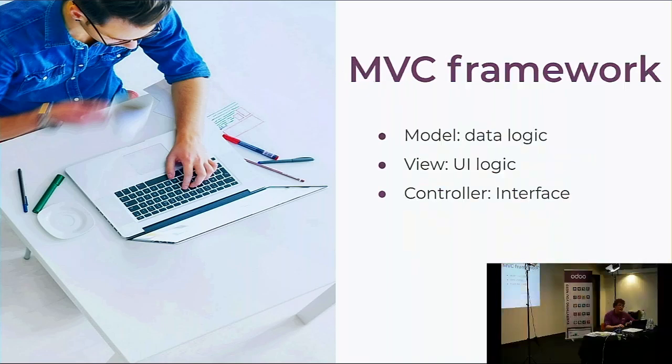The model corresponds to all the data-related logic that the user works with. For example, a customer object will retrieve the customer information from the database, manipulate it, and update the data back to the database, or use it to render the information on the interface. The view components are used for all the UI logic of the application.